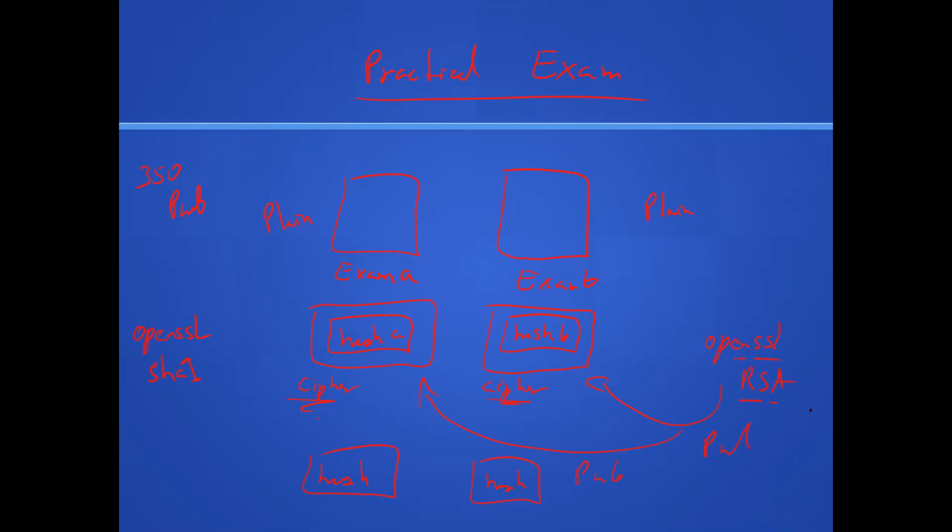Yeah, that would be at least one of the steps. Okay, and now you have these two hashes, so they're decrypted. Do you agree? You have A and B, they are decrypted, right? Yeah.